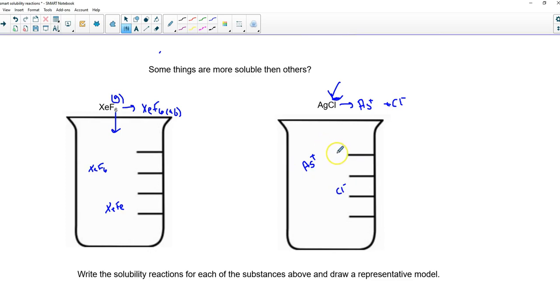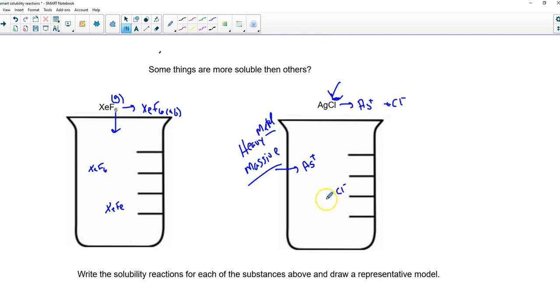One reason something really big might not dissolve is literally because it's really heavy, or more massive. This is a massive atom. Look at its molar mass: over 100. So heavy metals, as they're sometimes called, don't dissolve very well.